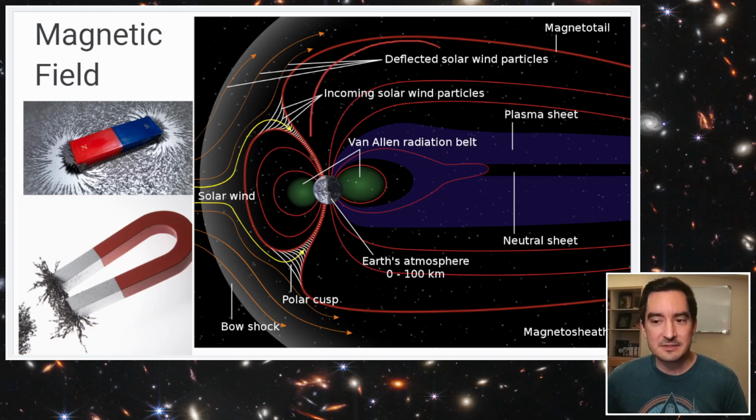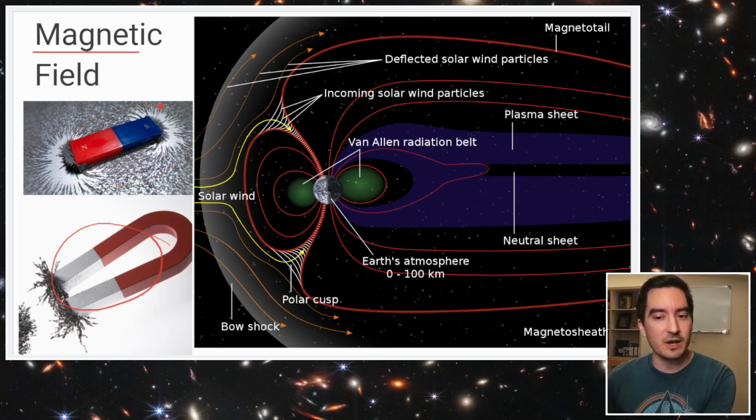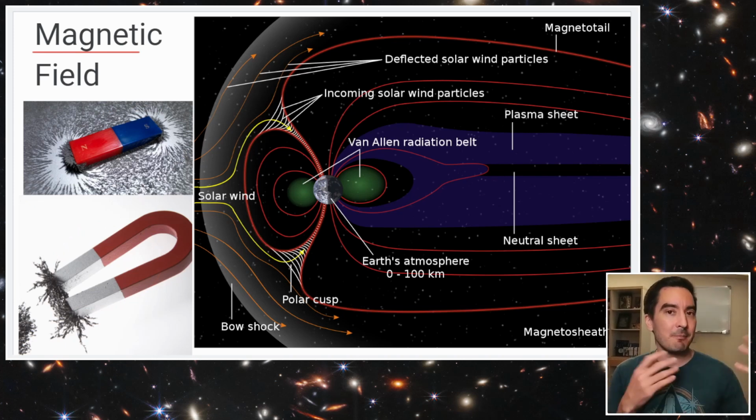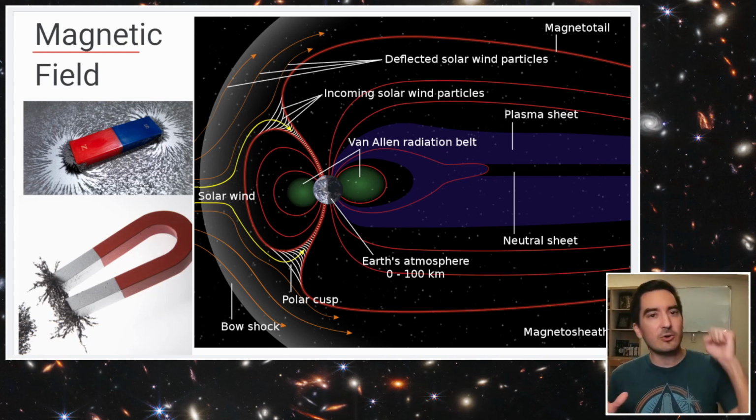Now, these lines around the Earth, this is called the magnetic field. A magnetic field is like a magnet, okay? These two things here, these are two kinds of magnets. A magnet is a special kind of metal that can pull other stuff, right?